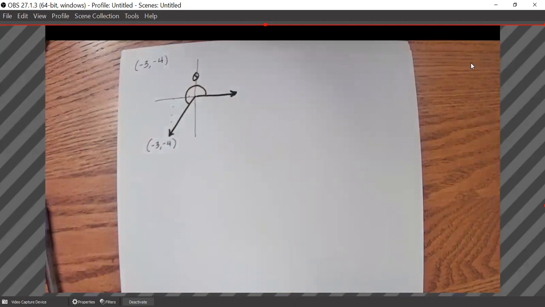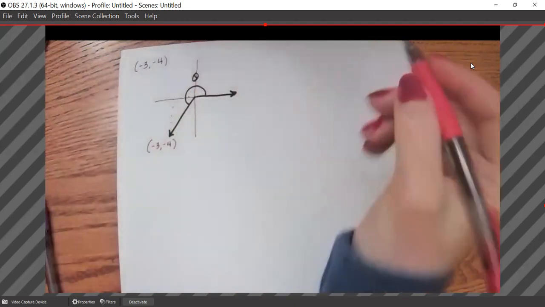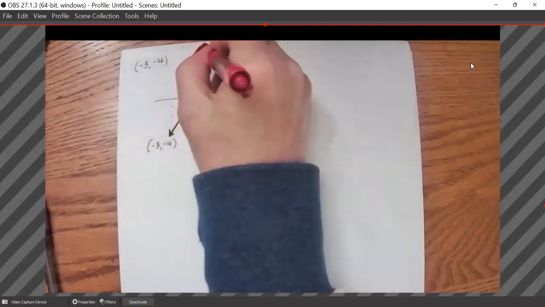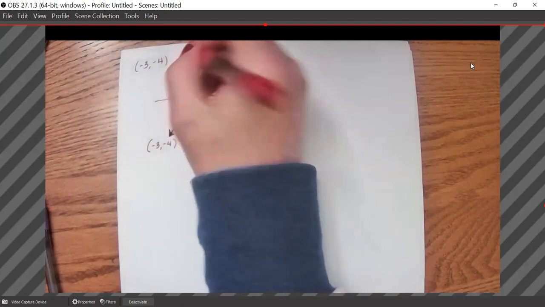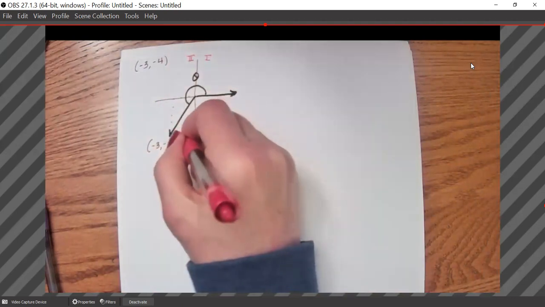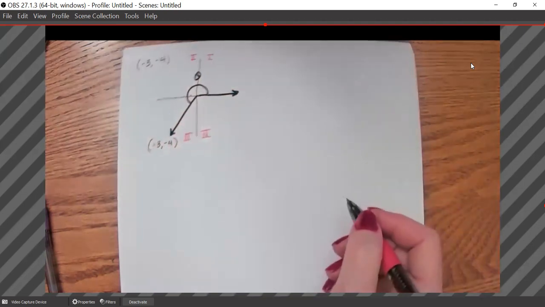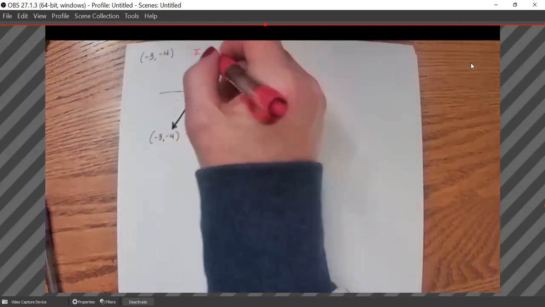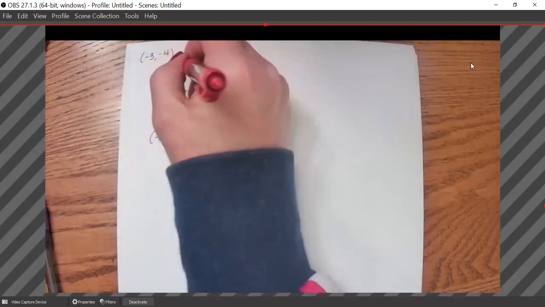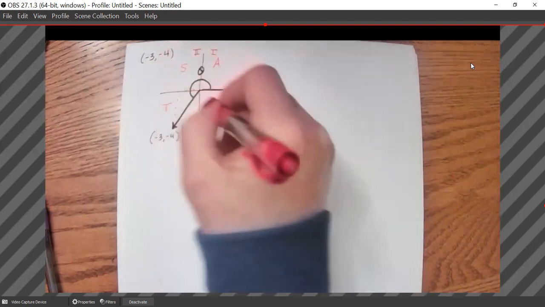So far we've only seen positive trig functions. The value of trig functions can also be negative. So let's remember this is quadrant 1, quadrant 2, quadrant 3, and quadrant 4. We're going to remember the acronym All Students Take Calculus.